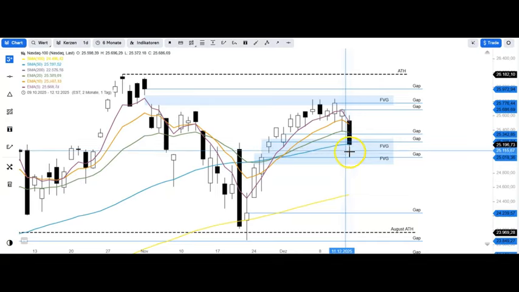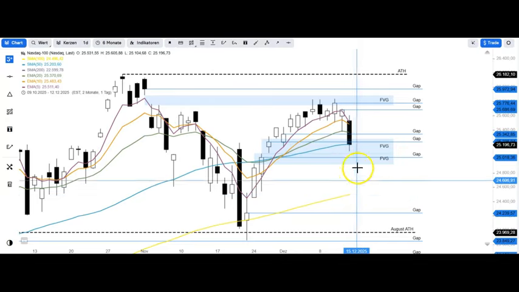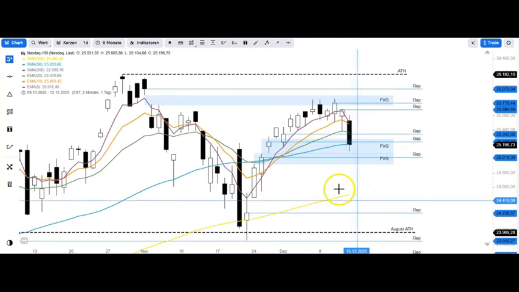If this breaks here, we're going to retest the yellow 100-day moving average again, in my point of view, or we could even run all the way down as the H4 chart shows as the alternative wave 4.